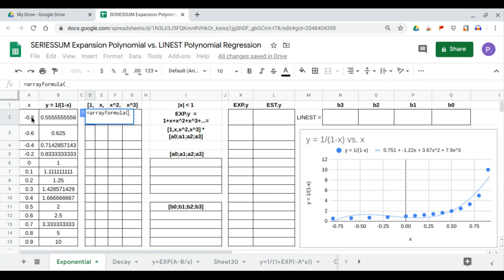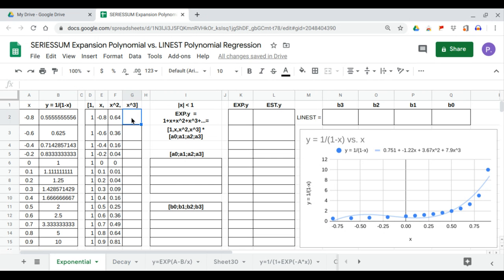of the x values starting with the 0 power. Then the x column, this is our formula of the x values to the power 1. Then our formula of the x values to the power 2.